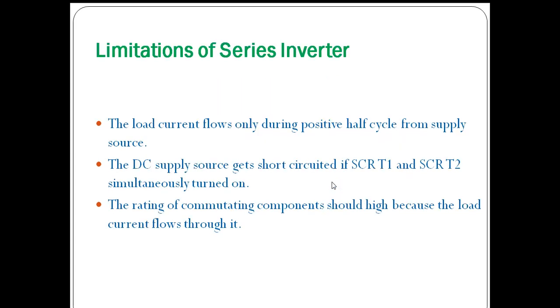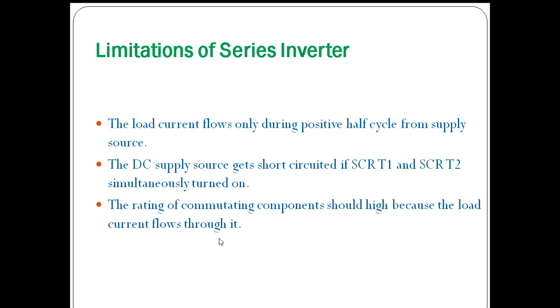The limitations of series inverters are: the load current flows only during the positive half cycle from the supply source. The DC supply source gets short circuited if SCR T1 and SCR T2 simultaneously turn on. The rating of commutating components should be high because the load current flows through them.